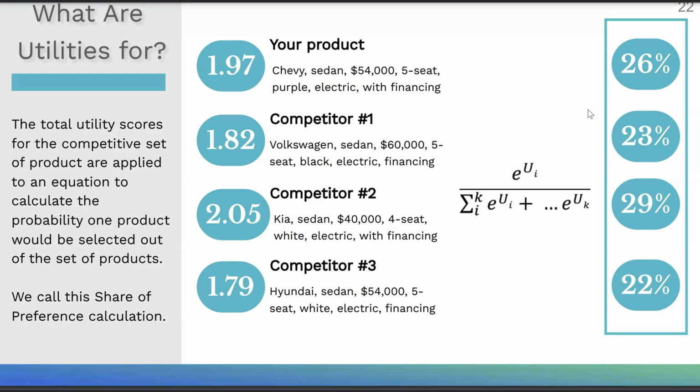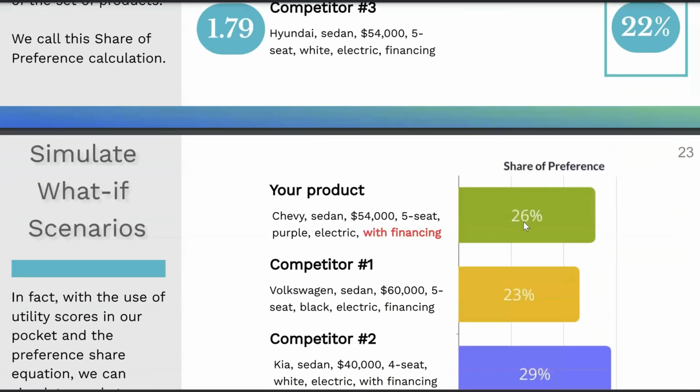But if you're just trying to understand how appealing my product is, then it's excellent to use this kind of estimation using the total utility scores that we just calculated from the components within a market set of competitive products. Your preference share will give you a really good indication of preference for your product.